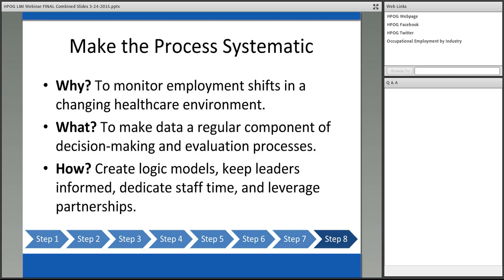And finally, in step 8, we very much encourage programs to think about this not just as a one-step process, but as a systematic process, as a way of continuously having methods in place to be able to monitor employment shifts, especially in healthcare, which is a rapidly changing and evolving workforce environment.